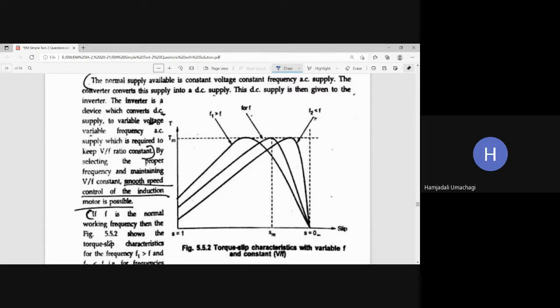So here you can see the torque versus slip characteristics for different values of the frequency.